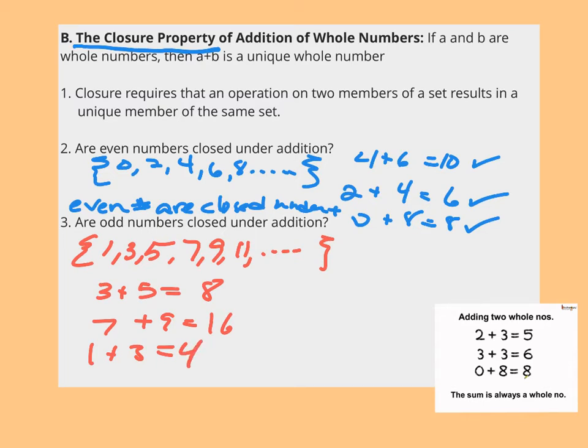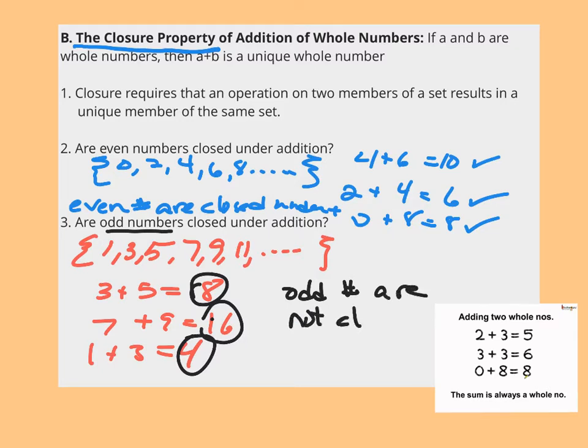When I do that, I notice that I'm getting even, even, even. I'm getting answers that are not odd numbers. They're not in my set. So because of that, we would say that odd numbers are not closed under addition.